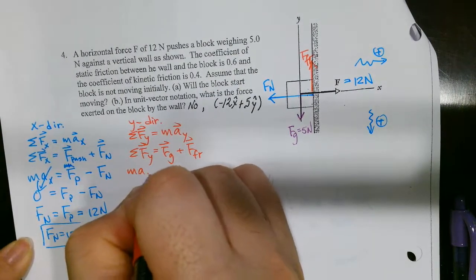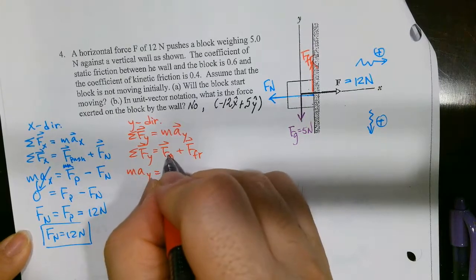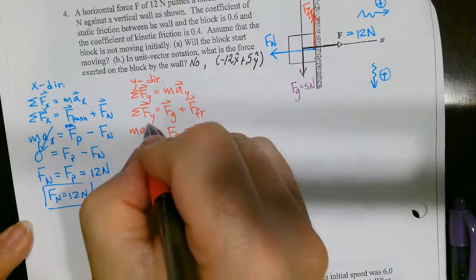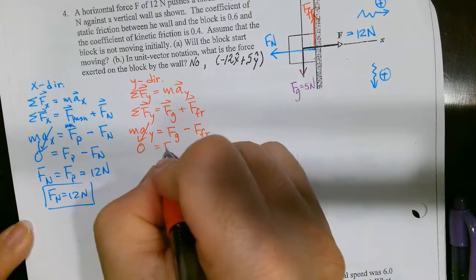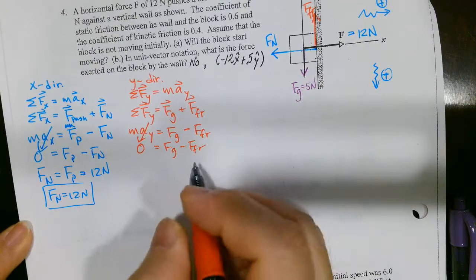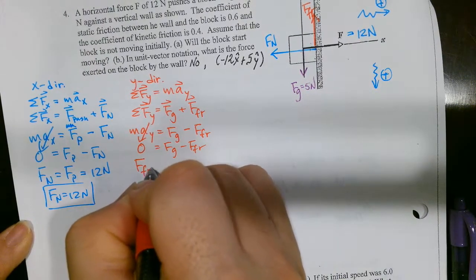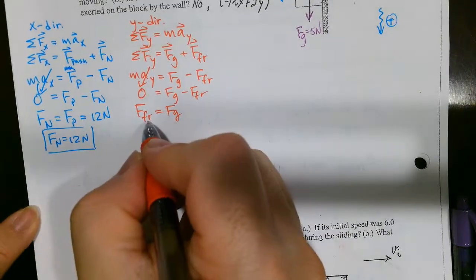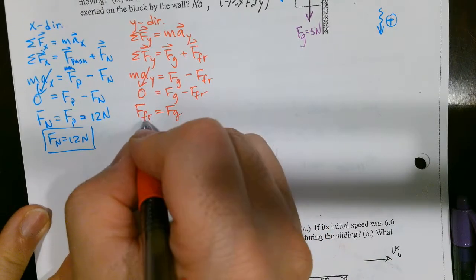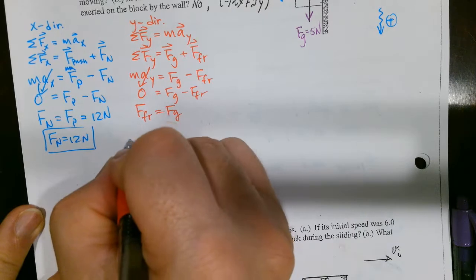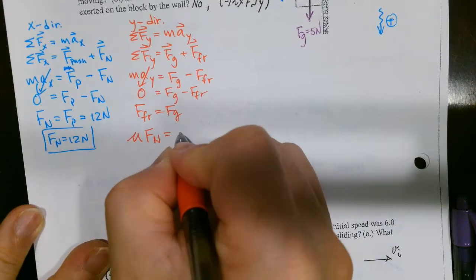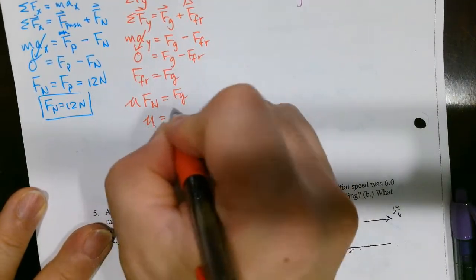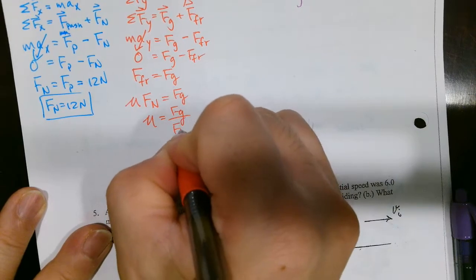So may is equal to Fg, which I'm taking as positive, minus friction. You know ay is 0, so my F friction is equal to Fg. However, what is my friction? That's the minimum mu that's required. So mu times F normal is equal to Fg, so mu is equal to Fg over F normal.